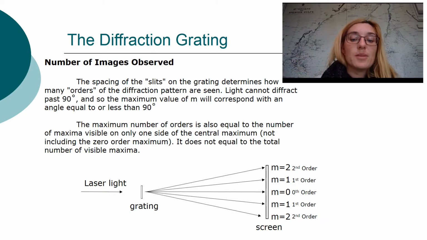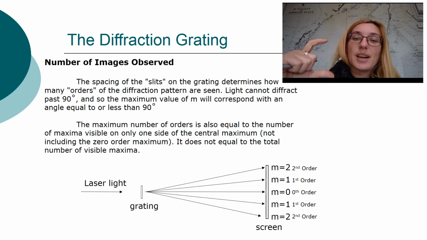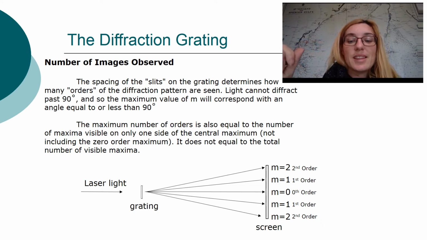In the middle we have what's called the zeroth order maximum, or the central maxima, and then as we move away from that, there will be the first order maxima and second order, third, fourth, and so on, either side of that central one. Hopefully you would have picked up that this diagram isn't to scale, because as we move away from the center, the distance between those fringes should get progressively larger.